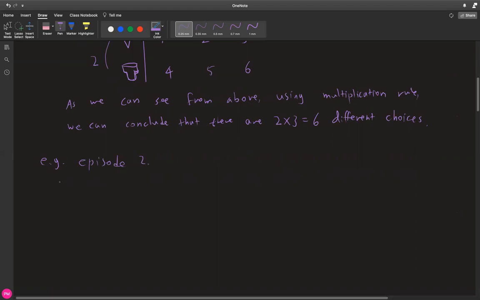So suppose now there are 5 different choices of cones and let's say 31 different flavors of ice cream.